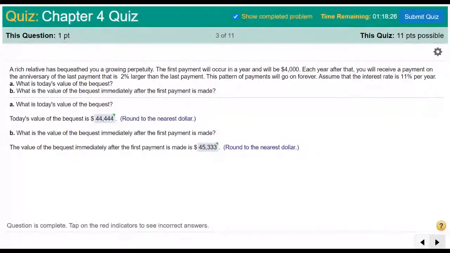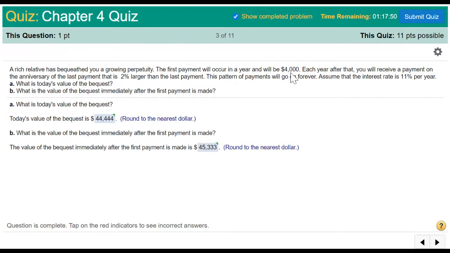Okay, so this is a growing perpetuity, right? The formula for a growing perpetuity, when you're doing it this way, is the cash amount divided by rate minus growth. So it's going to be 4,000 divided by 0.11 minus 0.02.